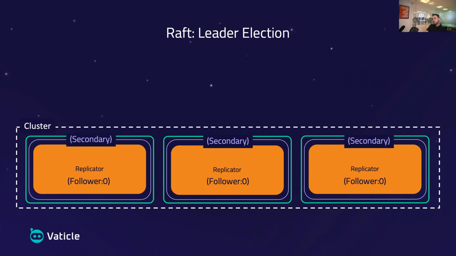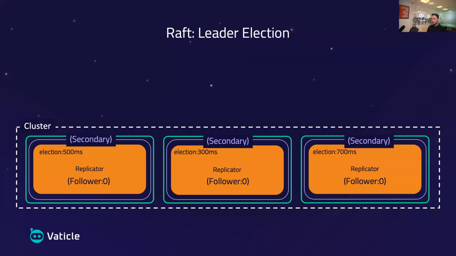Now a follower will try to see if there is any active leader. And when there isn't, a follower will start to think that there might be an election that needs to be run. This is governed by something called the election timeout.